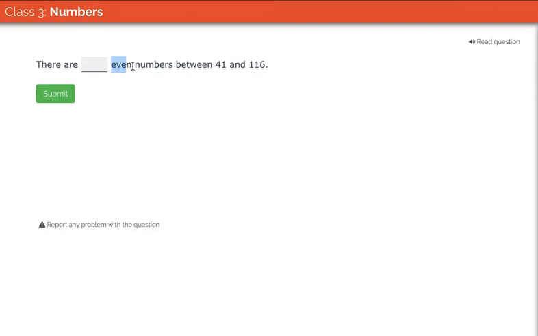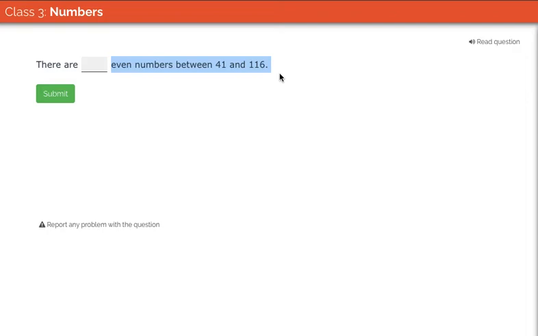There are how many even numbers between 41 and 160? So, an easy way, let's do 116 minus 41. Now we got 75. Now how many even numbers are there?